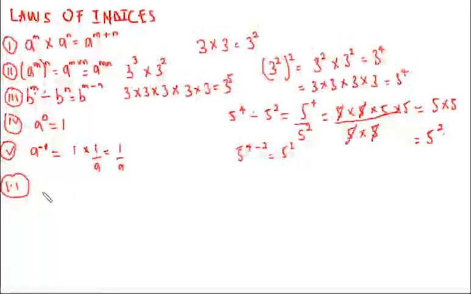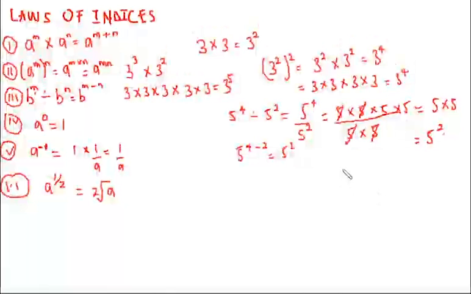The sixth law is saying if I have a to the power of 1 over a number, say z, this would mean that I should take the roots of z for the number a.